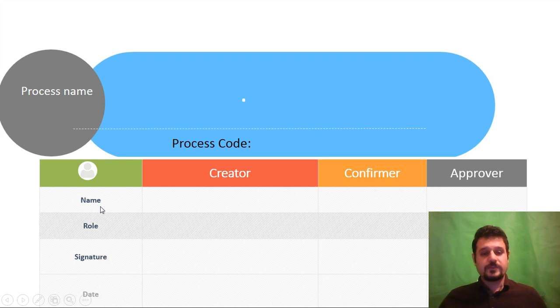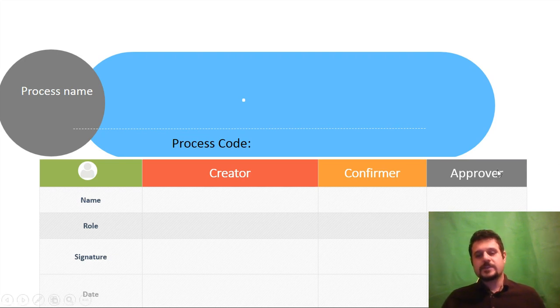After that, we should write some information about persons or people who are engaged or participate through the processes. The first one is the creator, anyone that designs and documents processes, like a process designer or process analyst. Second is the confirmer, who confirms the processes, like the process owner.